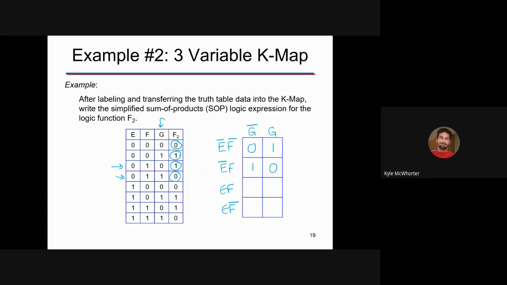This one right here, E and F and not G, that's a 1, 1, 0, which is right here. The output for that square is a 1. This box is E, F, and G, so that's 1, 1, 1, which is that bottom row, and the output is a 0.